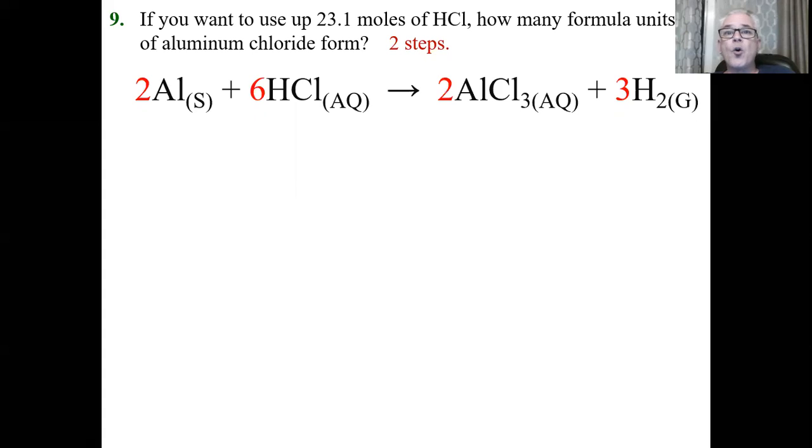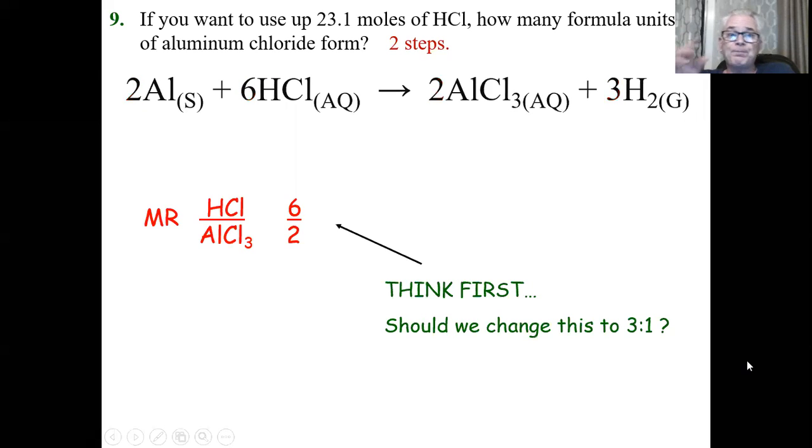So we're looking at moles of hydrochloric acid, how many formula units of aluminum chloride set up. So we're going from moles through the tunnel to moles 2, and then once we get the moles 2, we'll go to formula units. First step we need is the mole ratio. Let's see what we got. The mole ratio of hydrochloric acid to aluminum chloride is a 6-to-2 ratio, but we got to think.